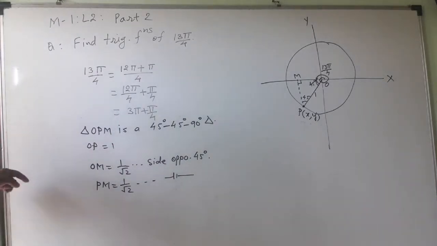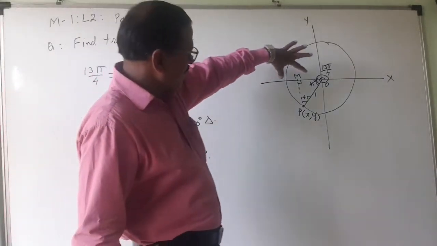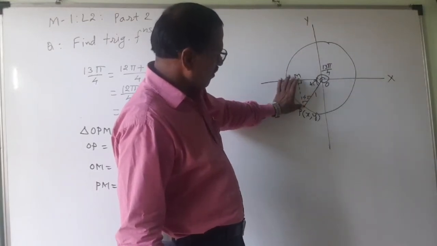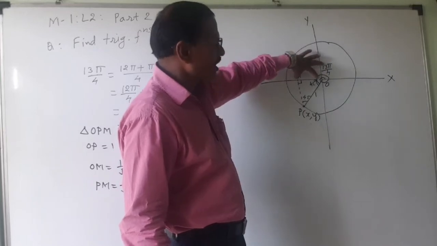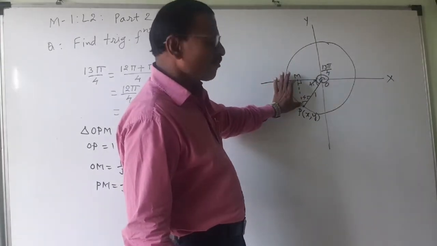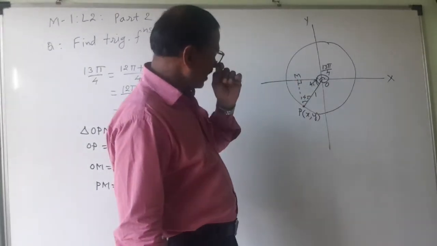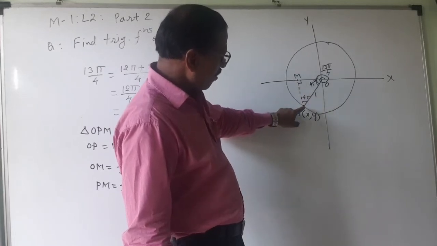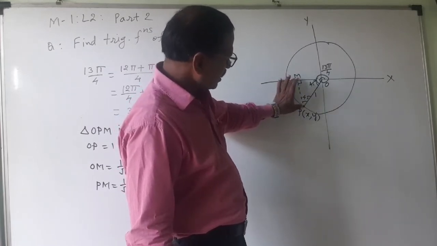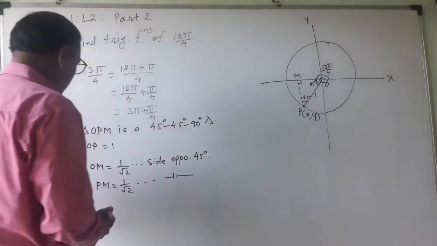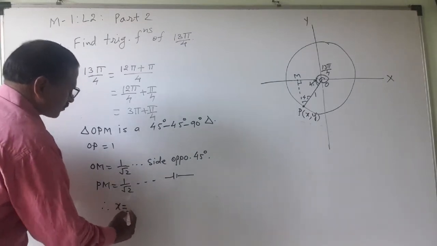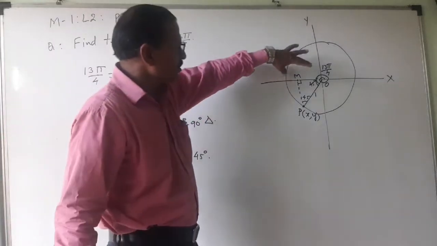Therefore, what will be the x coordinate? OM is the x coordinate, PM is the y coordinate. OM, 1 upon root 2, is the distance. PM, 1 upon root 2, is the distance. Therefore, x is equal to this OM.